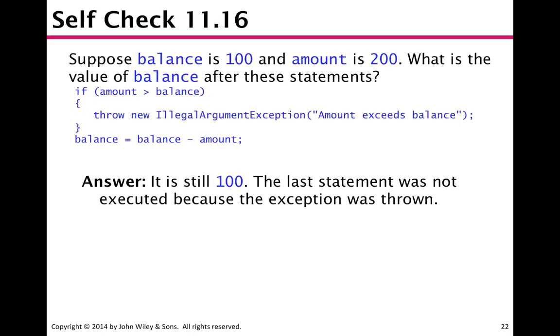So here's an example. Suppose the balance is 100 and the amount is 200. What is the value of the balance after this statement? The exception is thrown when the amount is greater than the balance, so the exception will not be thrown at all, so balance minus amount becomes the value.